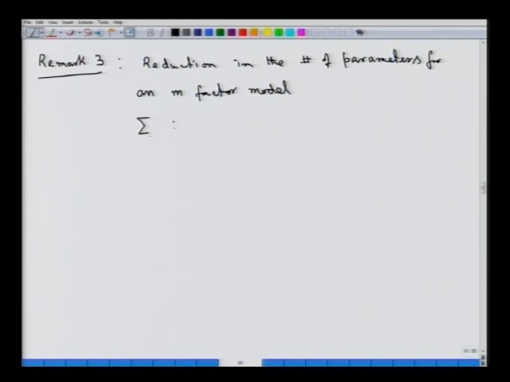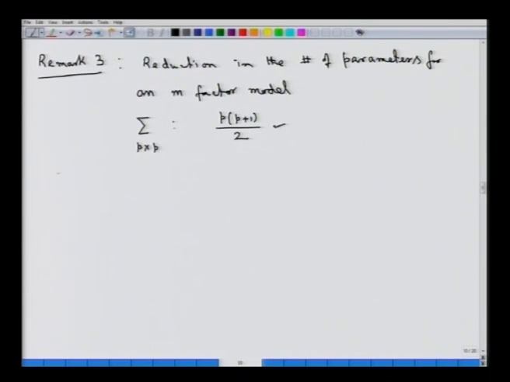So, we start with this sigma matrix. This is a p by p matrix, this is a symmetric matrix. So, the number of distinct elements in sigma is p into p plus 1 by 2, which is the diagonal plus the upper or the lower entries.